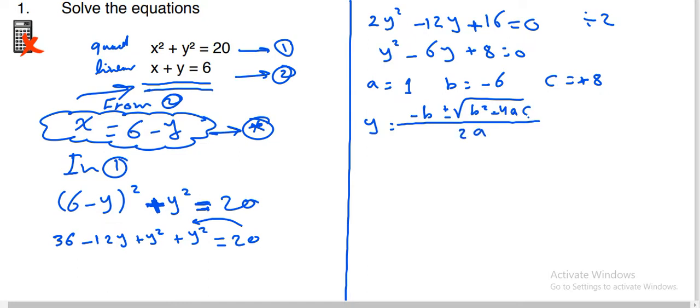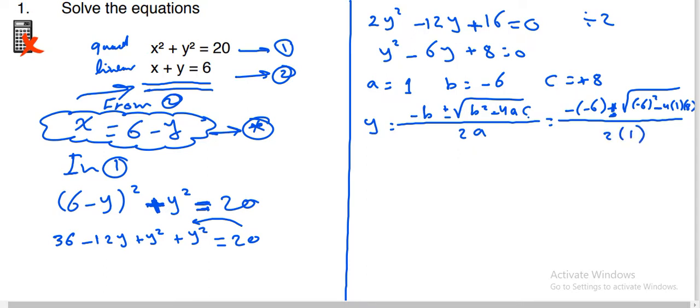Put each value in its place, so it will be negative 6 plus or minus square root. Plus or minus means we will calculate two times, one time with plus and one time with minus.